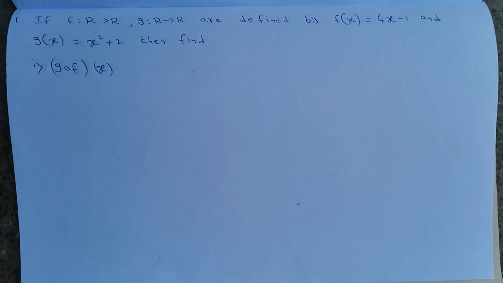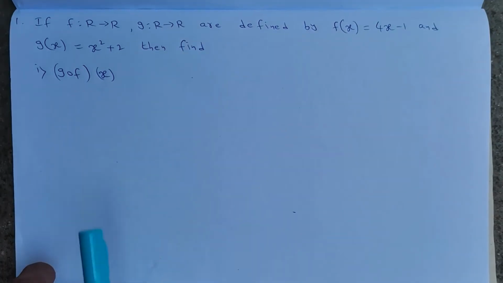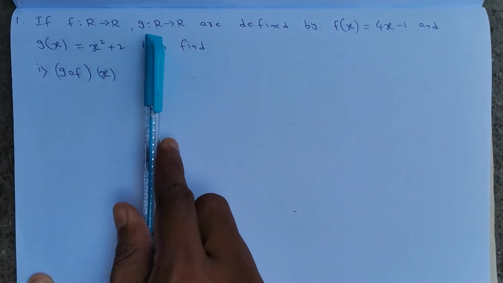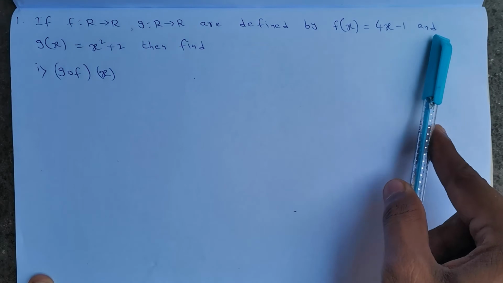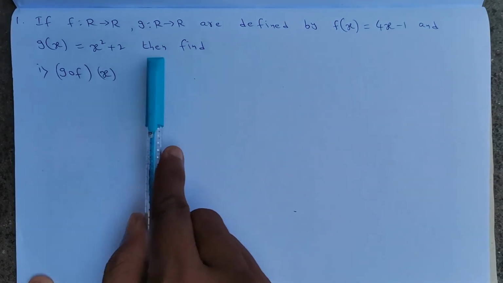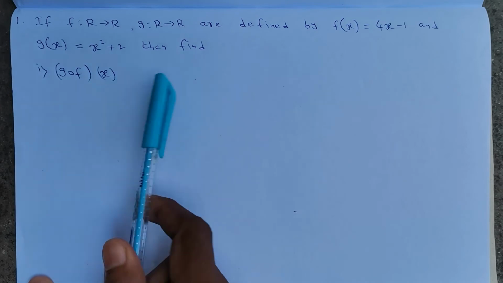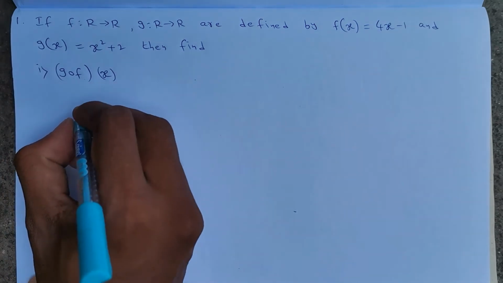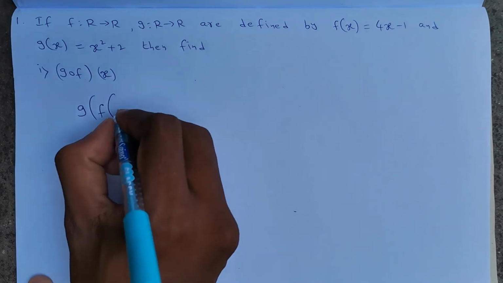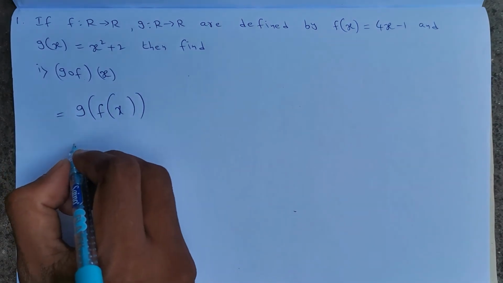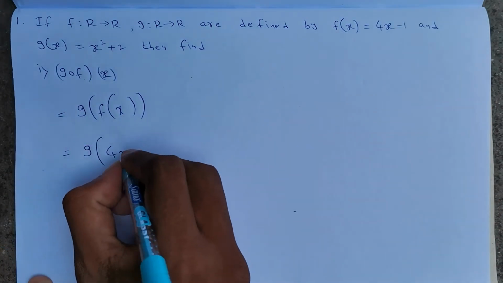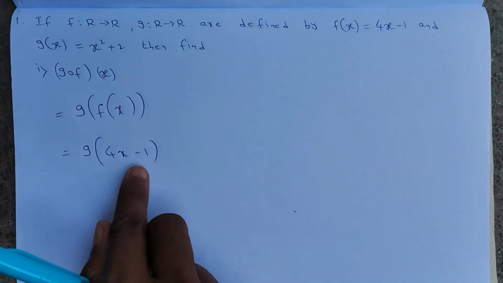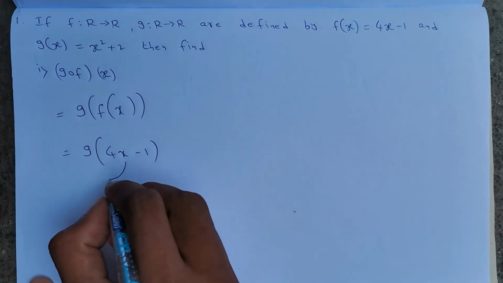Okay, example problems completed. Now let us move to solved problems. Okay, the first question is, if f is a function from R to R and g is a function from R to R defined by f(x) = 4x - 1 and g(x) = x² + 2, then find the value of g(f(x)). Here g(f(x)) is g of 4x - 1.